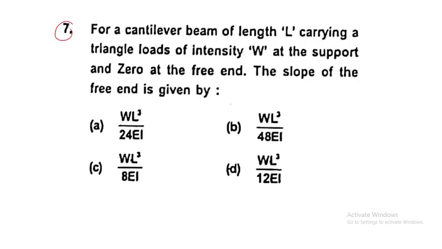Next question. For a cantilever beam of length L carrying a triangular load of intensity W at the support and 0 at the free end, the slope at the free end is given by what? Slope at the free end can be written as WL cube by 24 EI.